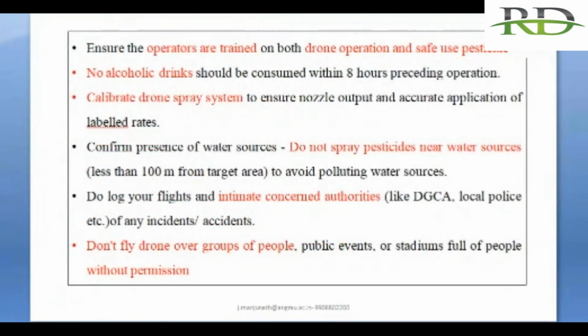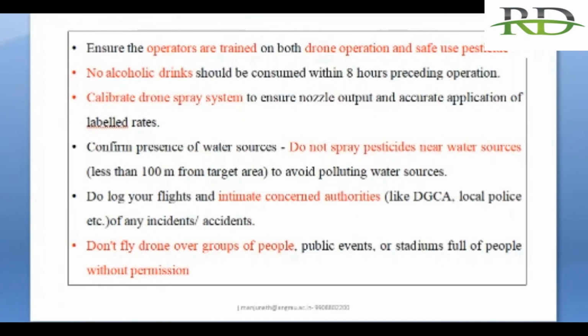The operator must be trained, and he must not be under the influence of alcohol, and he should calibrate. He can set up the spray system using the nozzle and accurate plant canopy coverage. Do not waste the water sources, especially nearby water bodies.